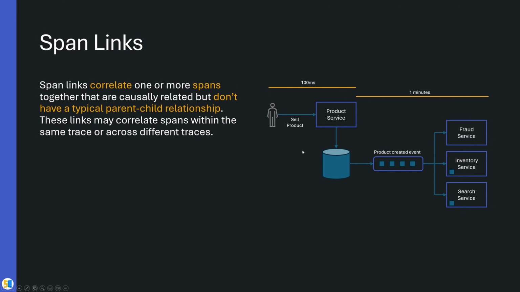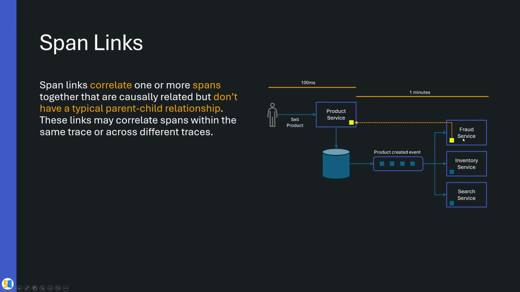So ideally for this case, we want to focus only on this area and then this area. So these two areas should be separated, right? But there must be a way for us to link back to the original span if we want. So for example, the fraud service receives the product created event, with span links.